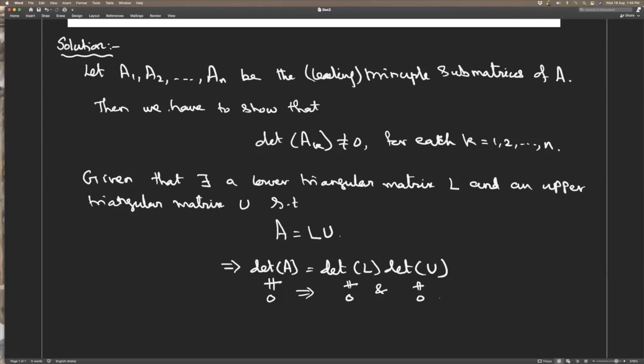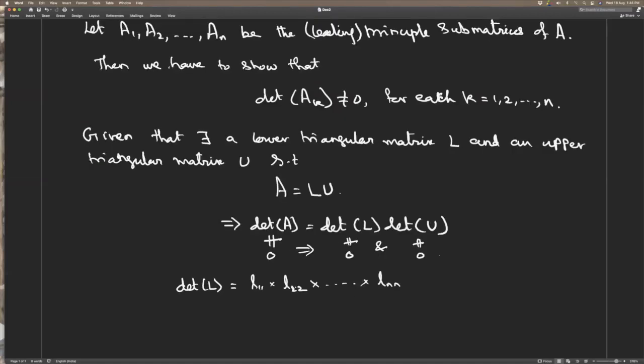Now L is the lower triangular matrix, so its determinant is the product of its diagonal elements. Similarly, all its principal minors will also be equal to the product of the diagonal elements of that submatrix, right?